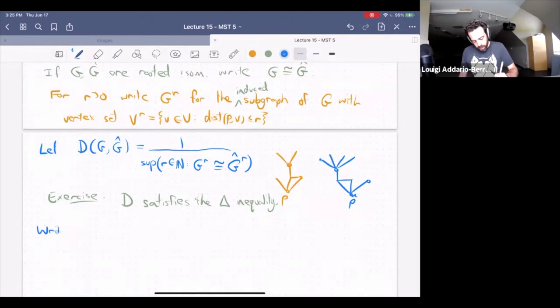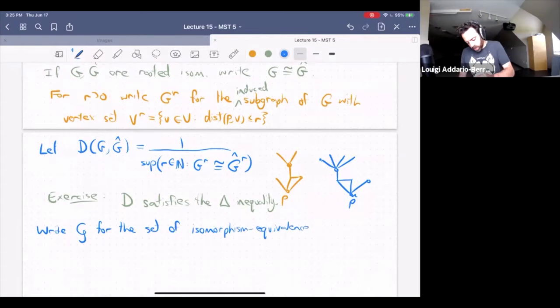So, script G, for the set of isomorphism equivalence classes of rooted locally finite graphs.